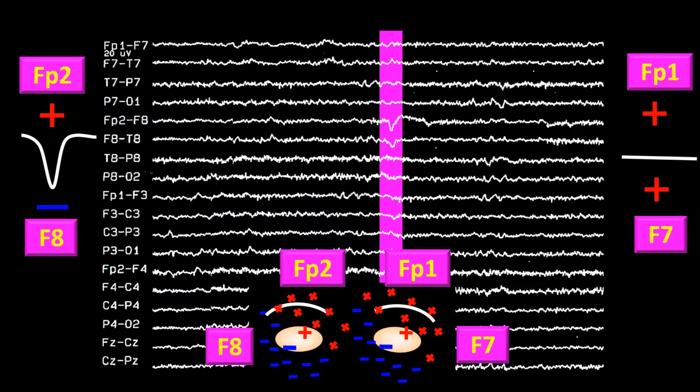Thus, both FP1 and F7 are positive, hence no EEG activity deviation is noted in that channel, whereas at the FP2 F8 channel, FP2 is positive and F8 is negative.